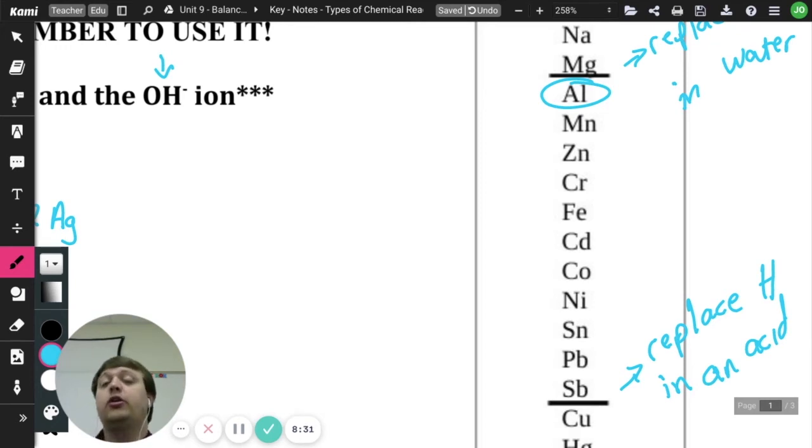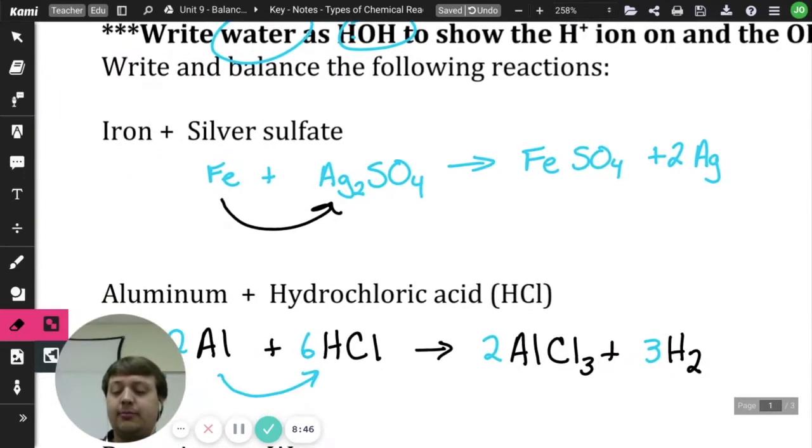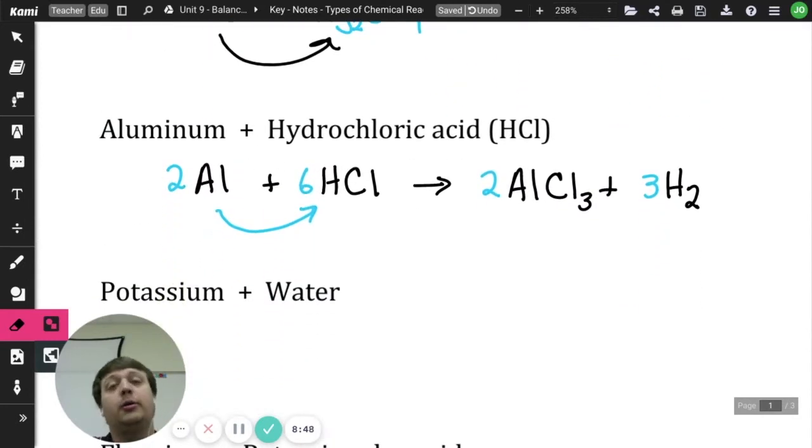Now, here's a question. Could this aluminum replace hydrogen in water? Well, no, it can't, because it is not high enough on the activity series to replace that hydrogen in water, which is signified by that line right there. Okay, so do keep that in mind. So if you had aluminum plus H2O, then what we would see is actually no reaction.